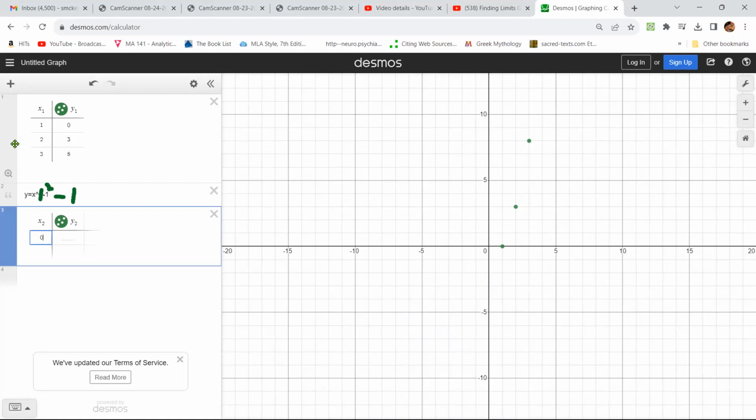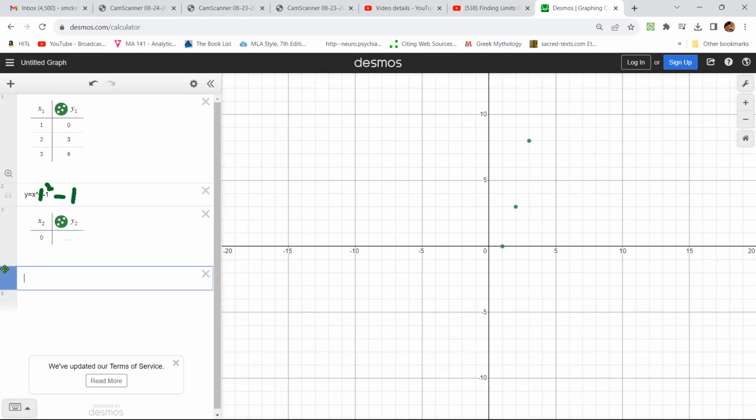Now this is for y equals 4 minus x. So if I choose 0 here, 4 minus 0 is what? 4 minus 0 is 4. So there's a point at 4 there, right?